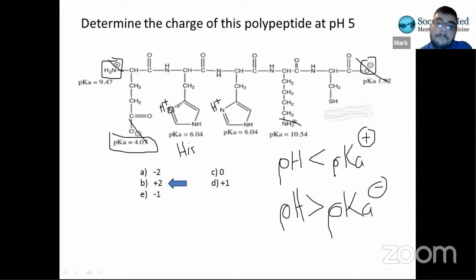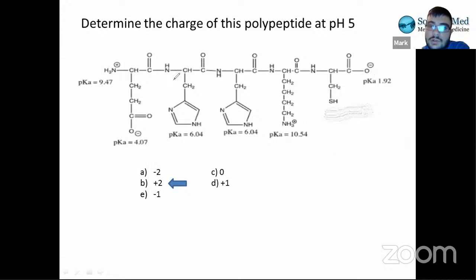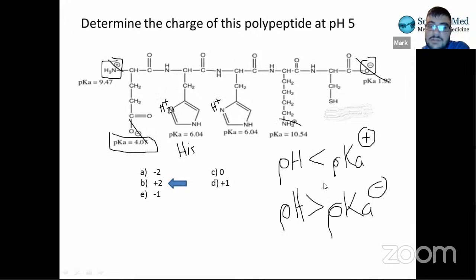So at pH 5, it actually is protonated, meaning that it has this back, and it's actually +1 and +1 for a total of +2. Does that make sense? Any questions about this for the people that picked C or D?